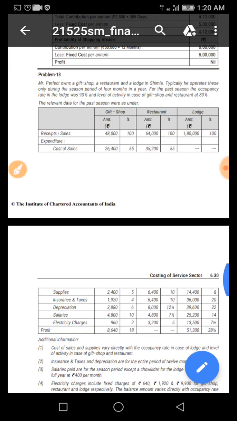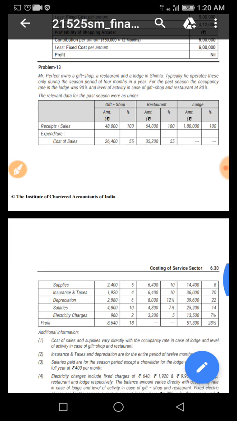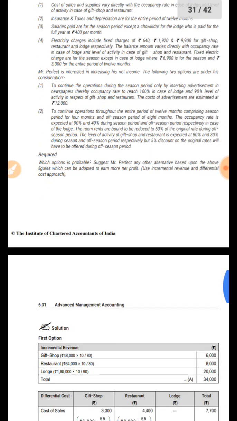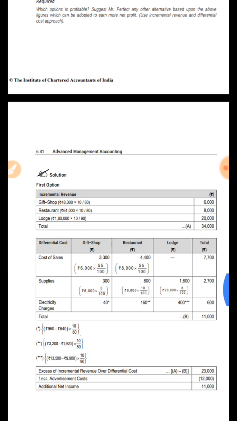The cost of sales is there, it is saying 55%, and here nothing, dash. So just like that we took 6,000 into 55%, 8,000 into 55%, then dash.